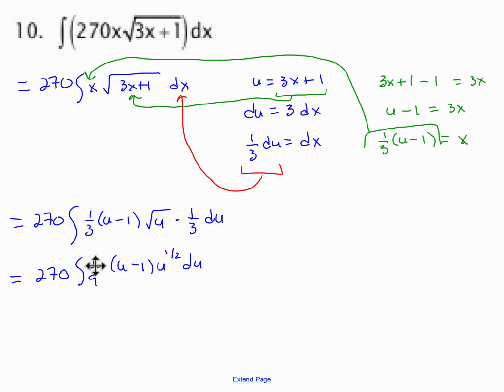We can pull the 1/9 out. 270 times 1/9 is 30 times the integral of, distribute the u to the 1/2, and we have something that we can integrate. Yay! So u to the 1/2 times u is u to the 3/2 minus u to the 1/2 du.